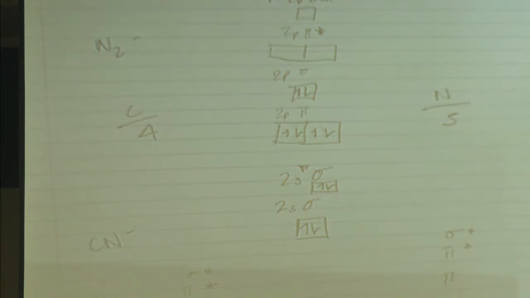So now to determine the bond order, what do we have to do? We do half of bonding minus anti-bonding. So bonding is 1, 2, 3, 4, 5, 6, minus 1, 2, 3, 4. 3, 1, right?